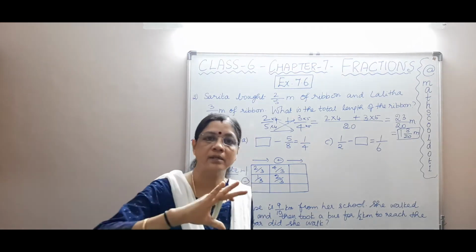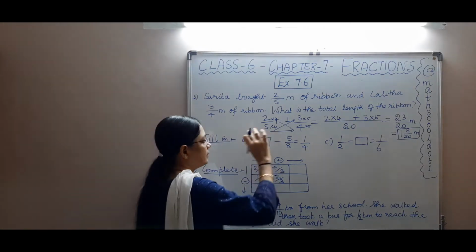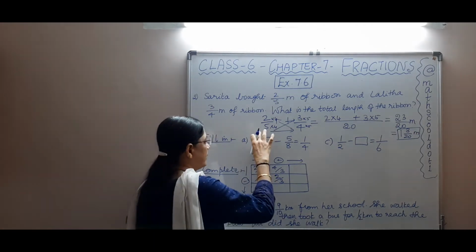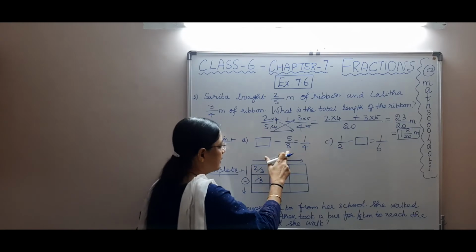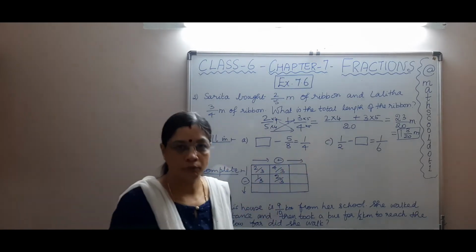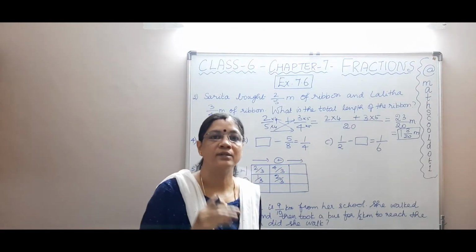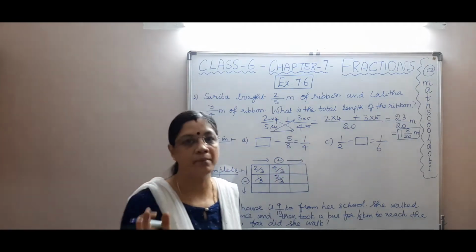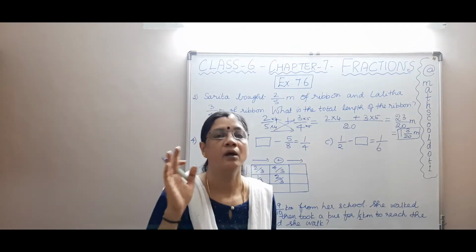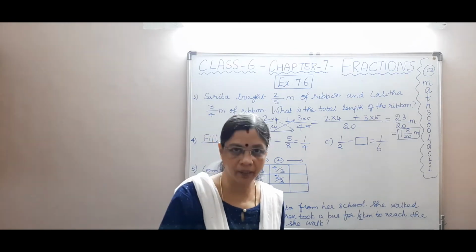But anyway, let us assume that the first number is a bigger number. So when the first number is missing and the second number and answer are given, what you need to do is just add the second number and the answer. That is the method to find the first number, because we assume the first number to be a bigger number.